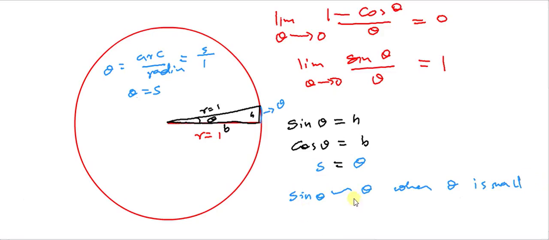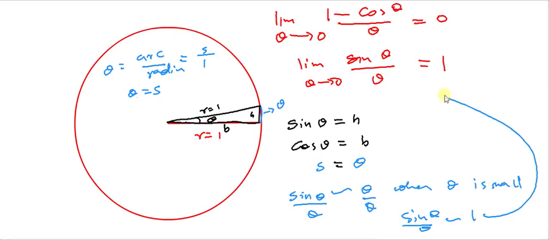If you divide this relation by theta, you get sine theta over theta approximately 1 when theta is small. When theta becomes infinitely small, we can write the limit of sine theta over theta is equal to 1, hence this limit.